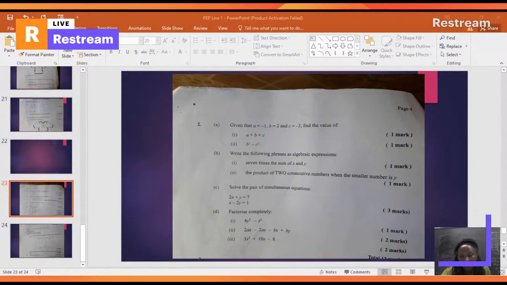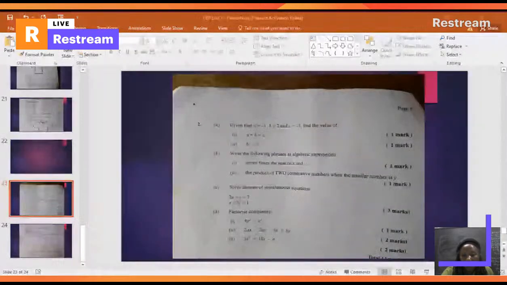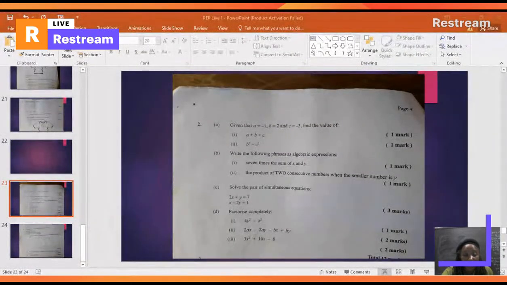All right, so for the simultaneous equation, again, I'm going to work them both using both methods, the elimination method and the substitution method. Whichever method we use, we should get the same answer. So let's do that.